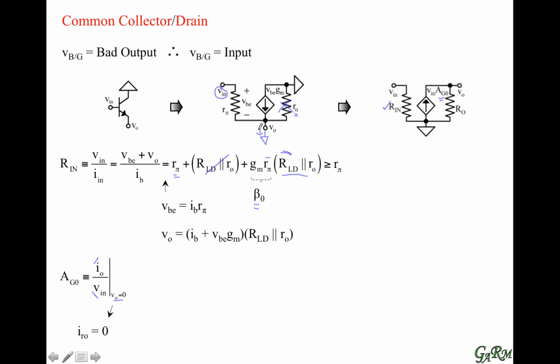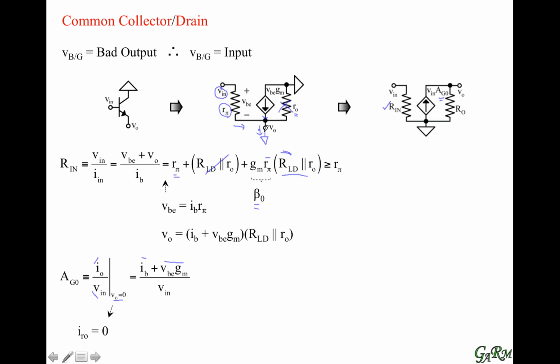So when we look at this total output current, it is the combination of two currents: basically the base current plus the GM current, and that's what we have here. We have the base current I sub B and then the GM current. But then we know that the base current is basically an ohmic translation of the voltage across R pi into R pi.